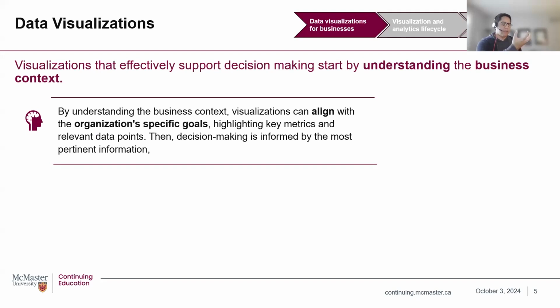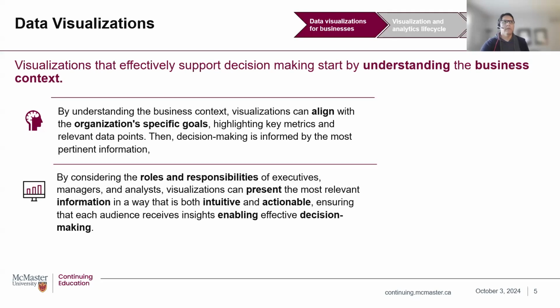Out of that alignment, you're going to be able to create meaningful metrics and collect the relevant data points. Once you have that and you understand the data and the problem, at that point you can help support the decision-making process in your organization.